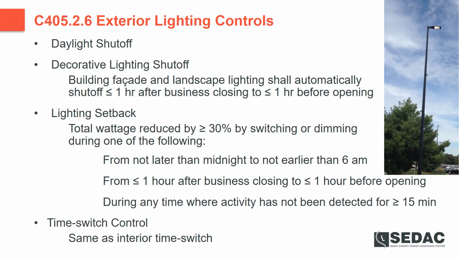The first 2 are time-based, and the third is occupancy-based. So either from midnight to 6 a.m. or within 1 hour of close or opening of business. So if you choose to do the 1 hour of open and close of business, that could allow you to use the same time switch controls for your general lighting as your decorative lighting, because those would be overlapping times then.